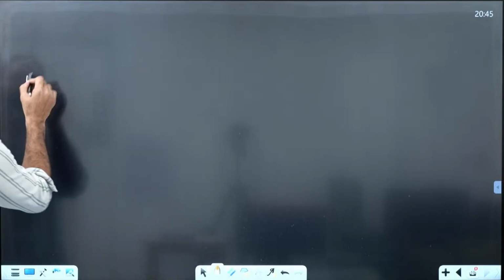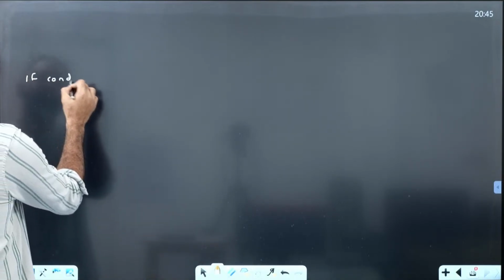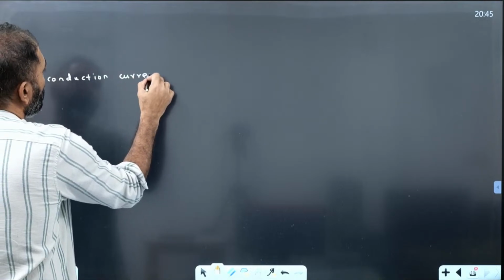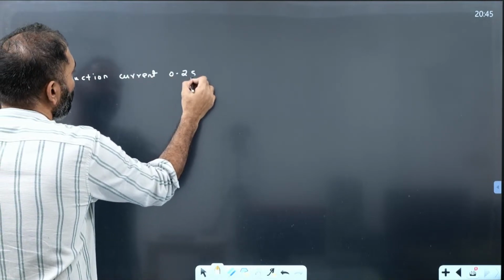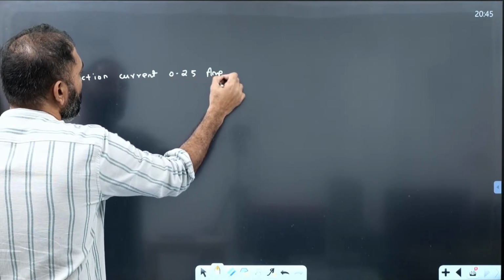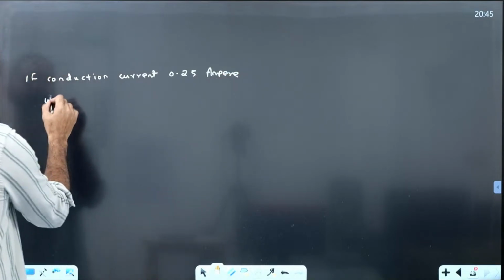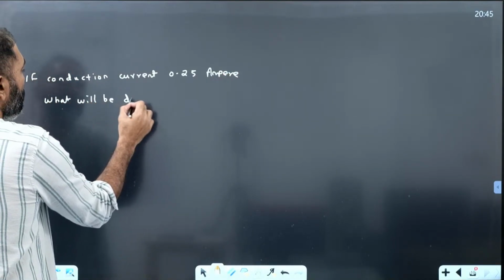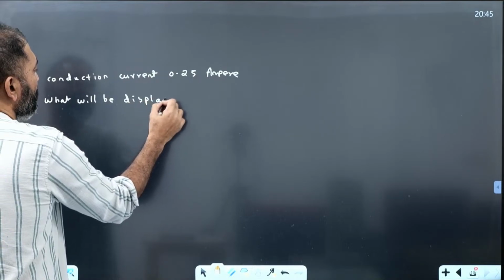Next, if conduction current is equal to 0.25 ampere, what will be the displacement current?